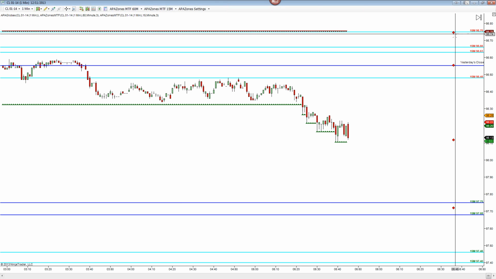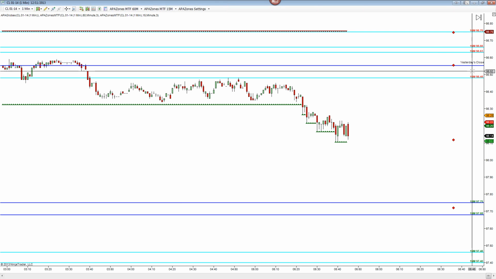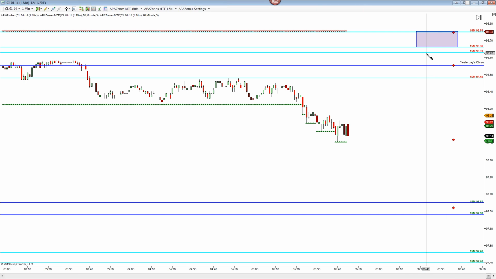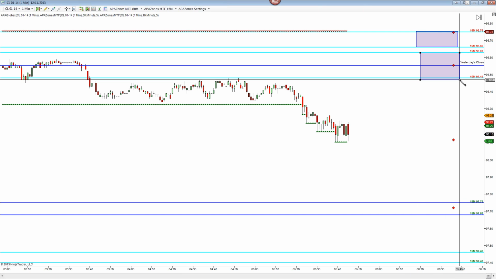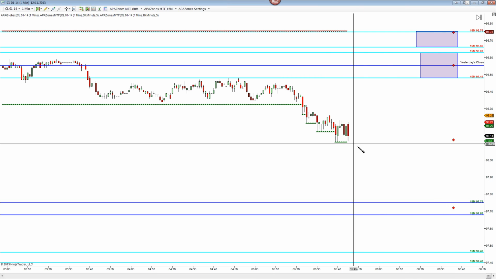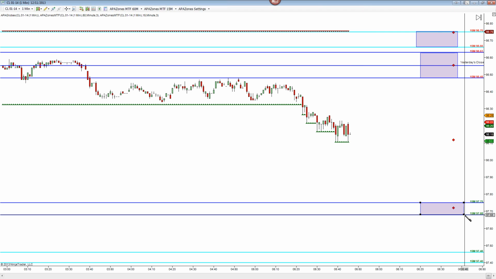Okay, now wherever I put a dot, this is a general area type of idea. So we actually have a dot in at the top part of that 15-minute zone, a dot in this 15-minute zone, a dot at the Globex low right now, and a dot down here at this 15-minute level.